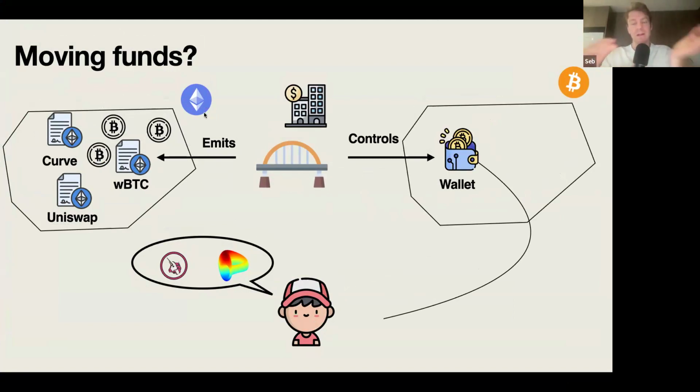The solution right now is that essentially the bridge is managed by multiple companies, all of which have a vested interest in not hacking the bridge. For example, companies that have an interest in having wrapped Bitcoin existing on Ethereum, such as companies that would leverage Curve or Uniswap, or companies providing services in the crypto market in general.